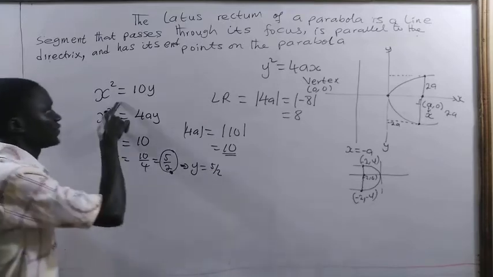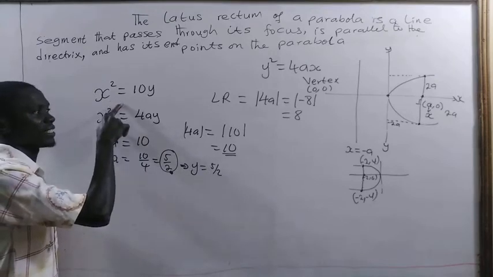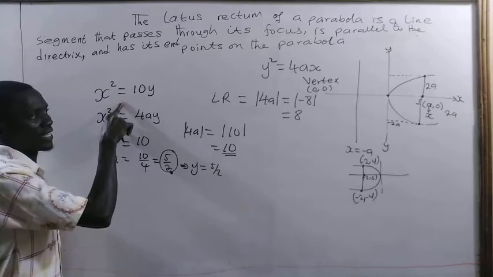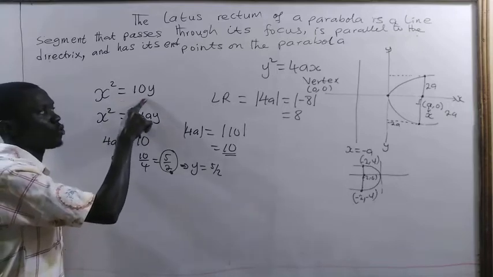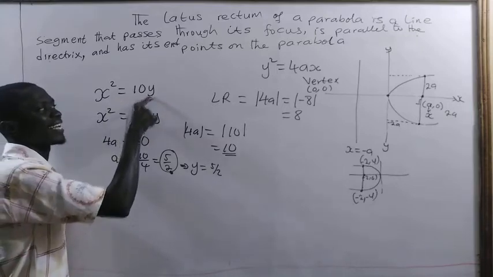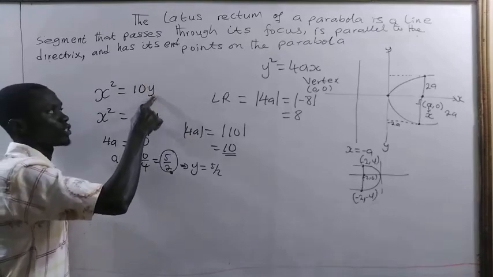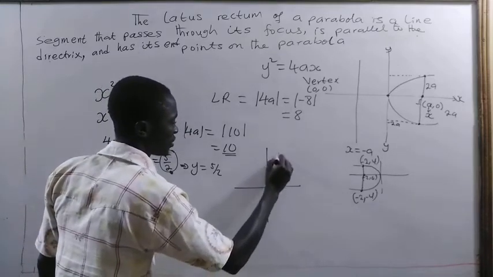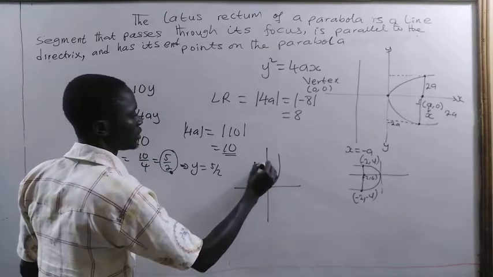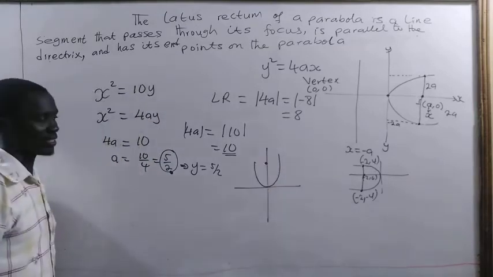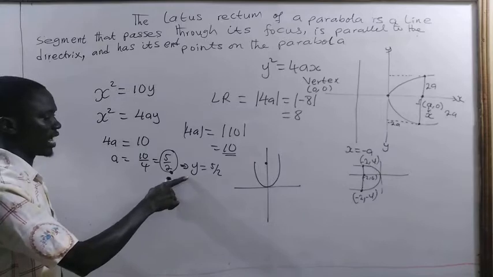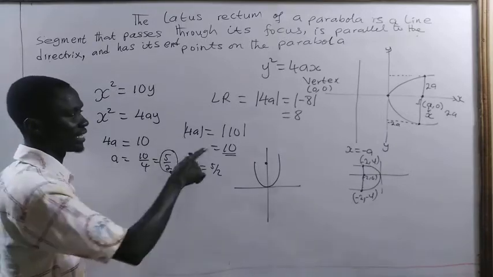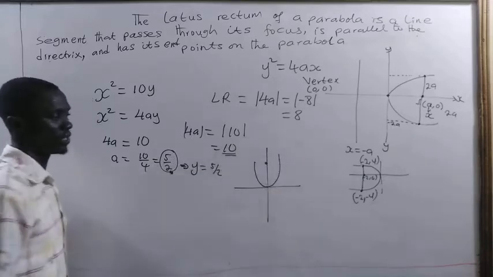Remember that this one represents a parabola with its vertex at the origin and focus on the positive y-axis. That is why here we are having y equal to 5 over 2, instead of saying that x equal to, like what we were doing for the previous one.